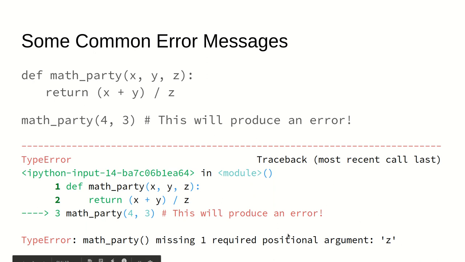What this really means is I'm missing one parameter. MathParty takes 3 parameters, and when I called it here, I gave it 2 parameters. It tells me even the name of the parameter that I didn't give a value for. Now, this could be tricky because maybe I intended 3 to be the value for z.